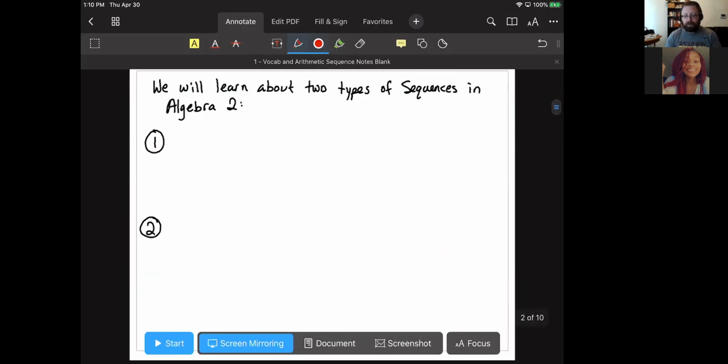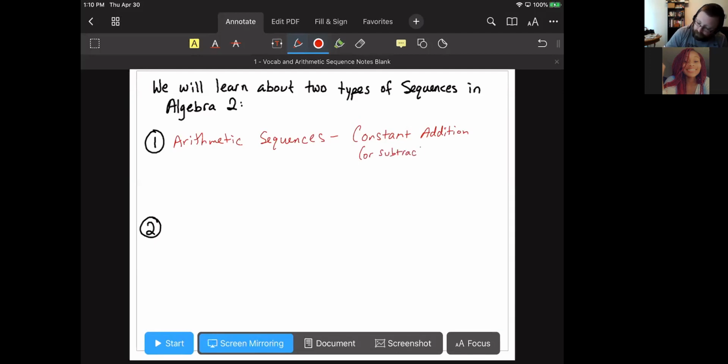Okay, so in Algebra 2 here, we discussed two types of sequences. Arithmetic sequences, as in arithmetic, okay? This type of sequence has a constant addition or subtraction pattern to it, okay?